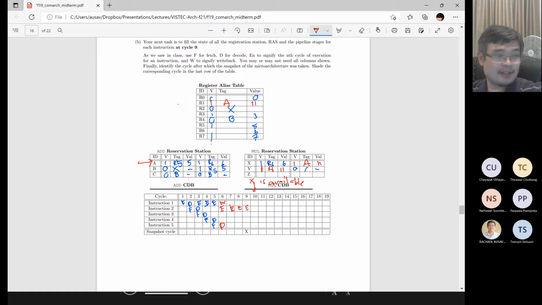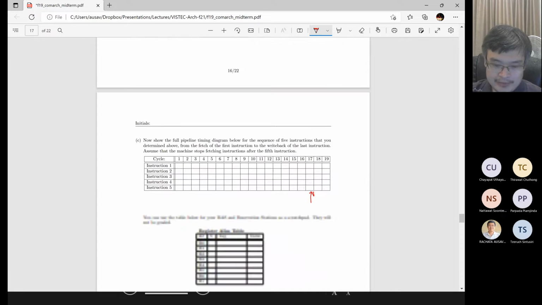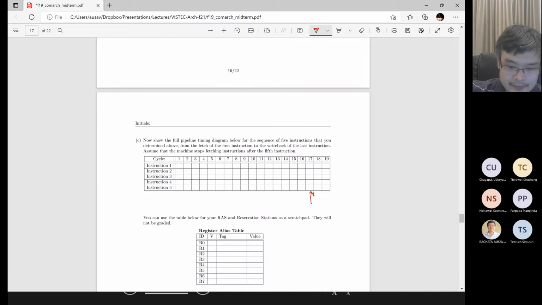If you start at 14, it's likely that you're waiting for instruction 3, but instruction 5 is not dependent on 3. So if I want to fill everything in here, you fetch, decode, execute, execute, execute, write back. Fetch, decode, and you execute here for 4 cycles. Let me double check. Yeah, 4 cycles.